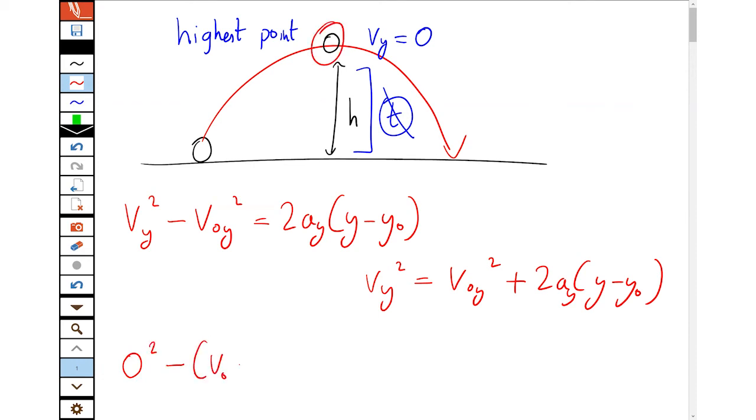We've got the launch velocity from the problem, the vertical component, is equal to twice the vertical acceleration of minus 9.8. The new position is the height, minus the launch height is 0. And then it's that beautiful thing we hit so often, plug and chug. We can find the answer in just one step after doing a bit of that.